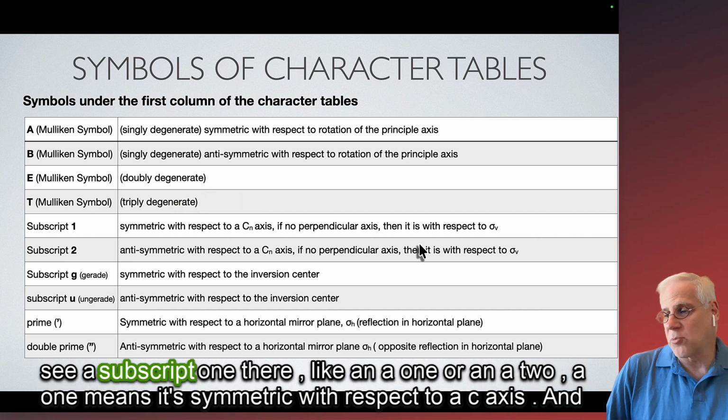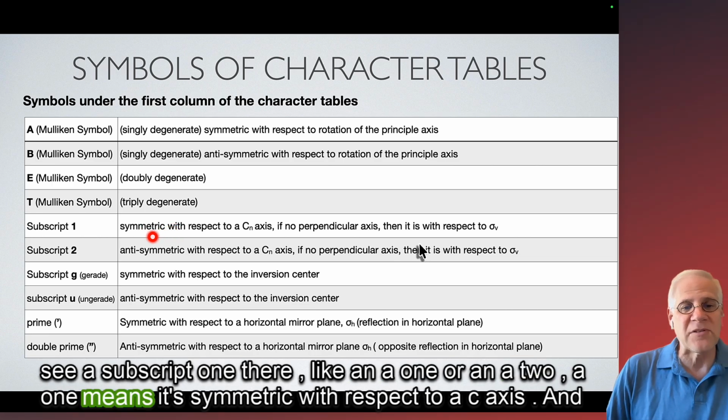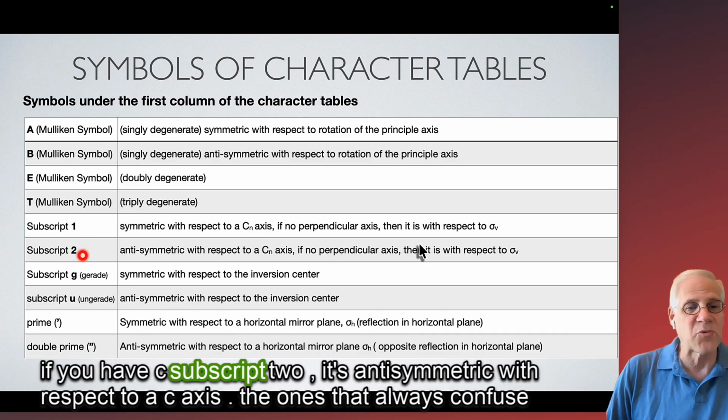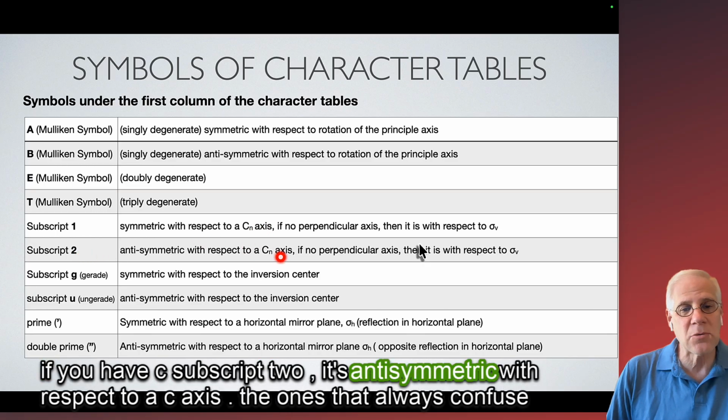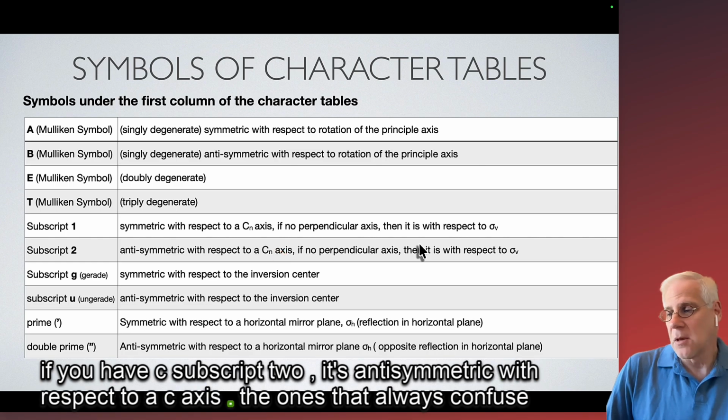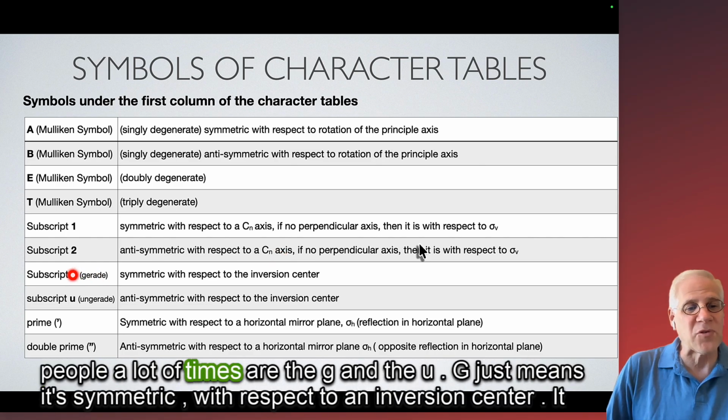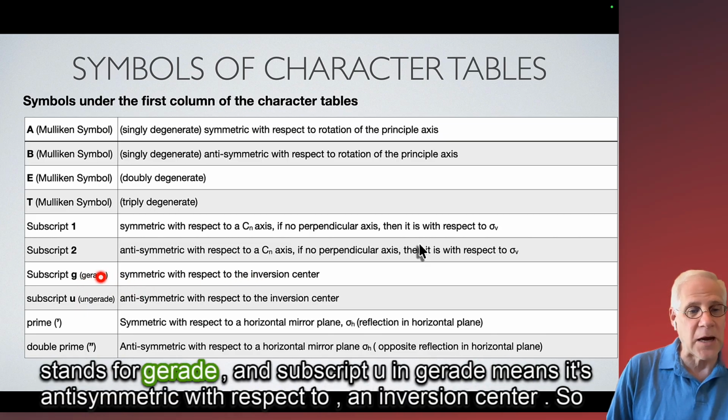If you see a subscript 1 there, like an A1 or an A2, A1 means it's symmetric with respect to a C2 axis. And if you have a subscript 2, it's anti-symmetric with respect to a C2 axis. The ones that always confuse people a lot of times are the g and the u. A g just means it's symmetric with respect to an inversion center. It stands for gerade.